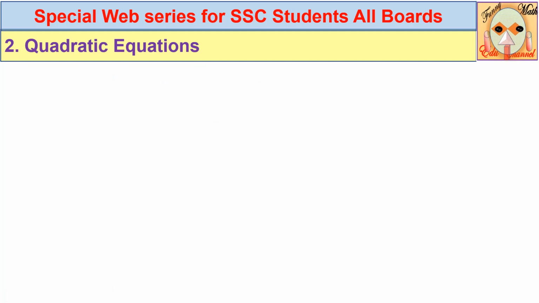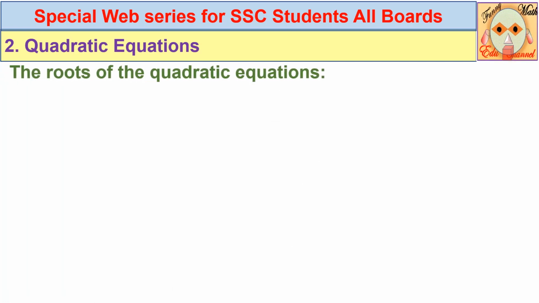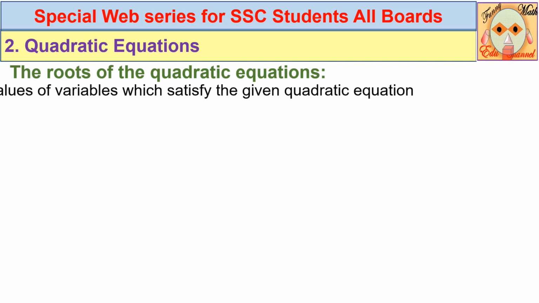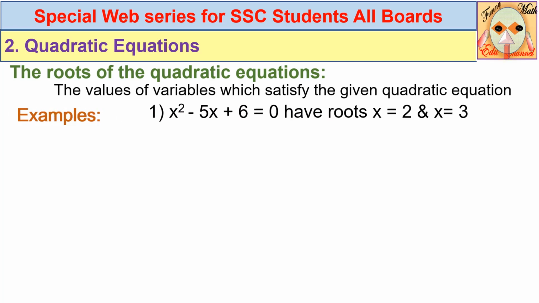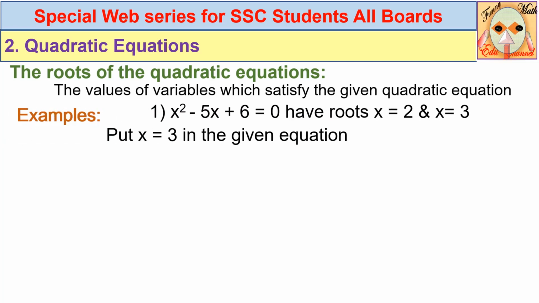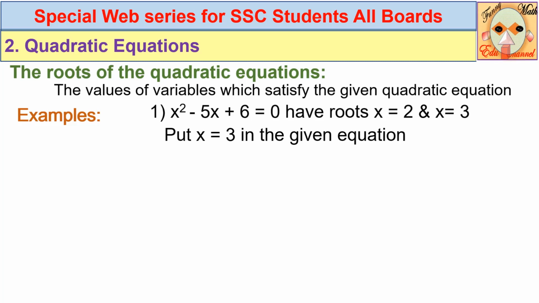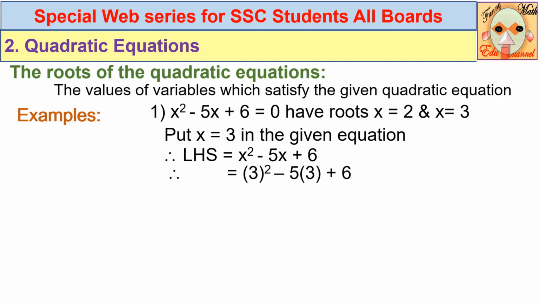Now on this topic there is a question. The values of the variable which satisfy the quadratic equation are known as the roots, and for that we have taken this one example. In that case we are going to put now x equal to 3. When you put x equal to 3 in the LHS, what do you have here?